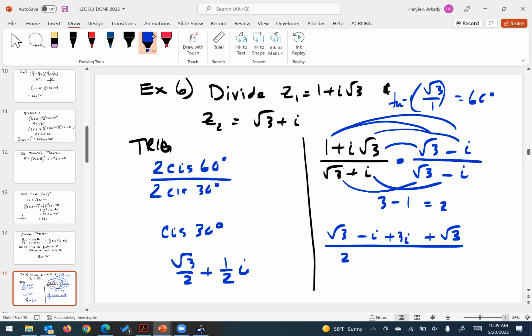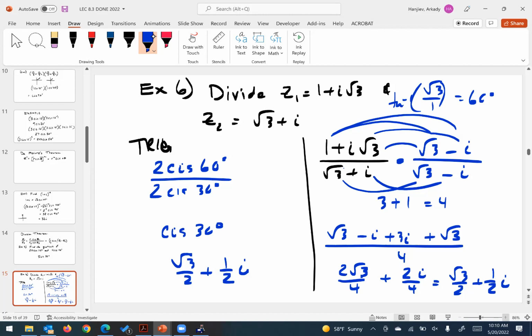Okay, everybody good there? Yeah, go ahead. That doesn't simplify right, does it? No, because this guy should be a plus. There you go. That should be a 4, because a negative I times I is a negative I squared, which becomes negative of negative 1, becomes a plus 1, becomes 4. Okay, that's a 4 on the bottom there. So you have 4 root 3 plus 2I over 4, which is root 3 over 2 plus 1/2 I. That's done. We good, guys?